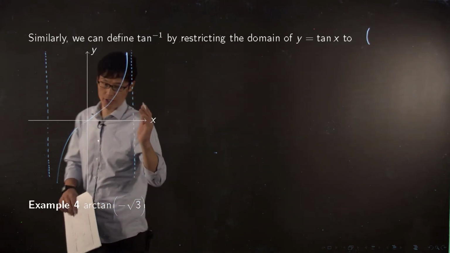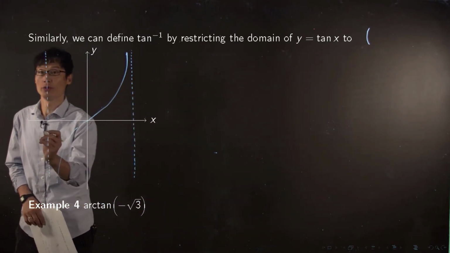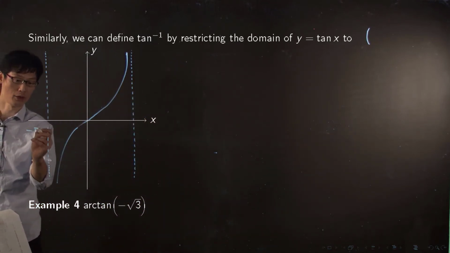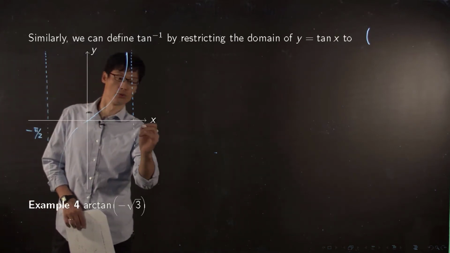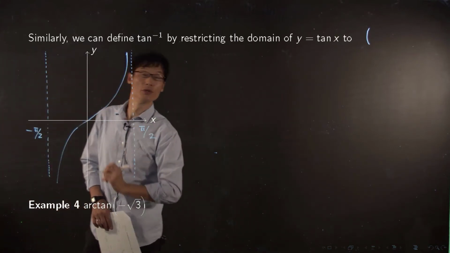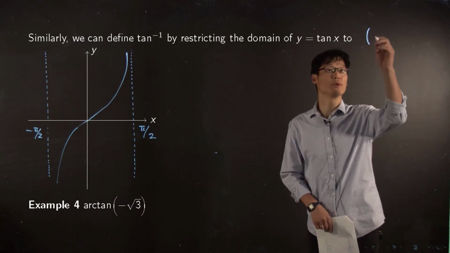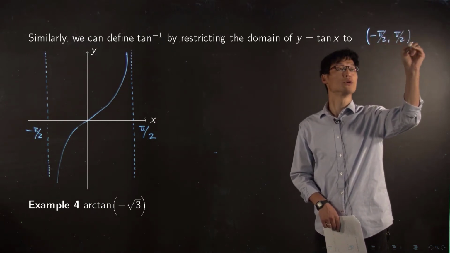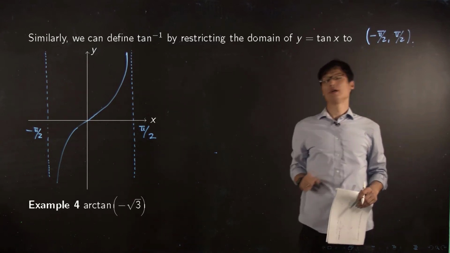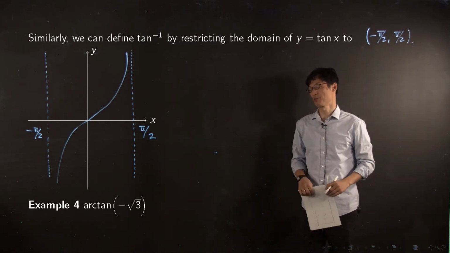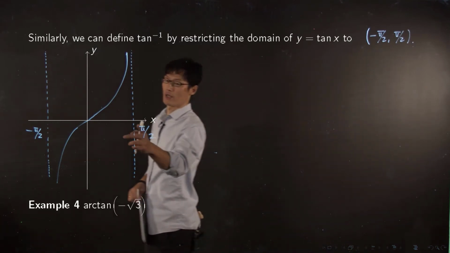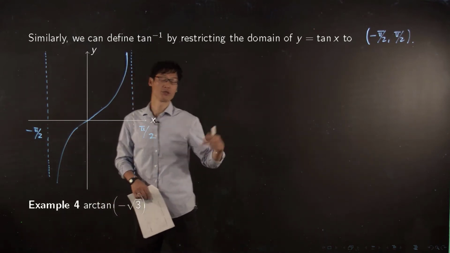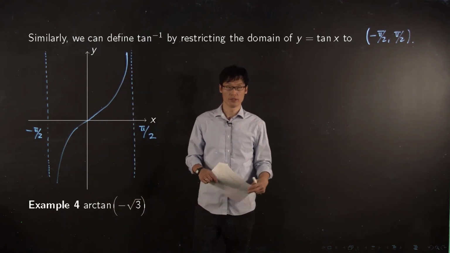Tangent has vertical asymptotes at -pi/2 and pi/2. So we restrict the domain to the open interval from -pi/2 to pi/2. So we are not including the two endpoints. We are taking only the open interval.